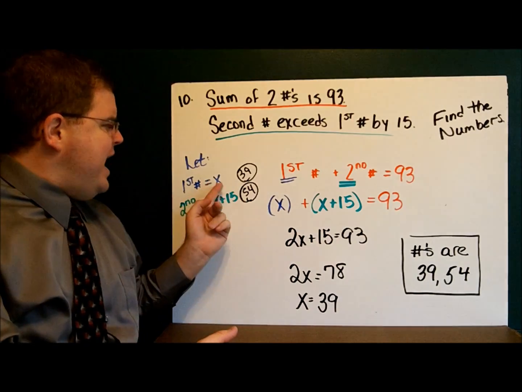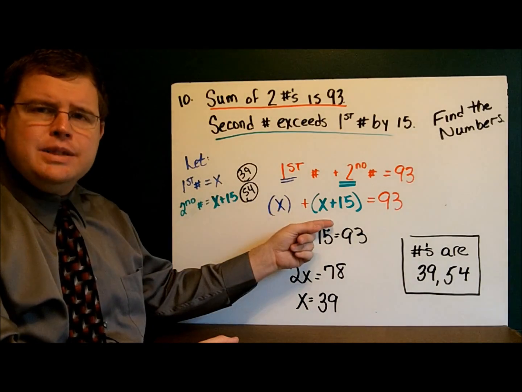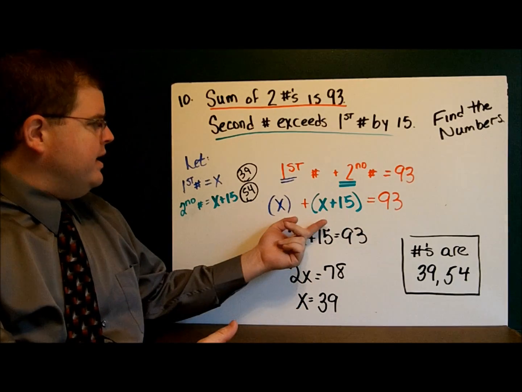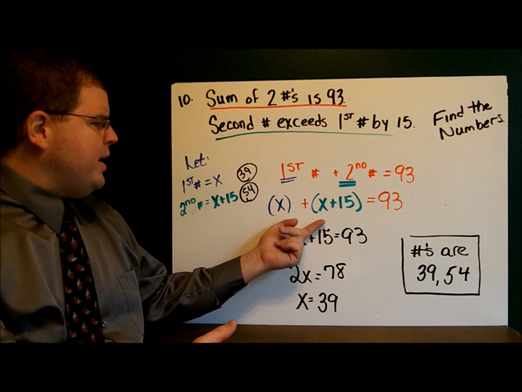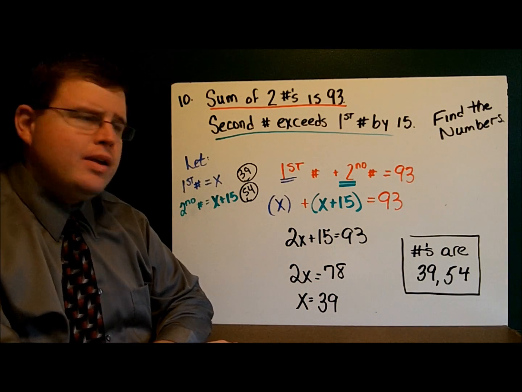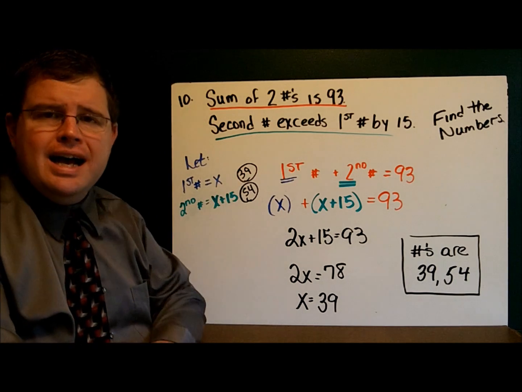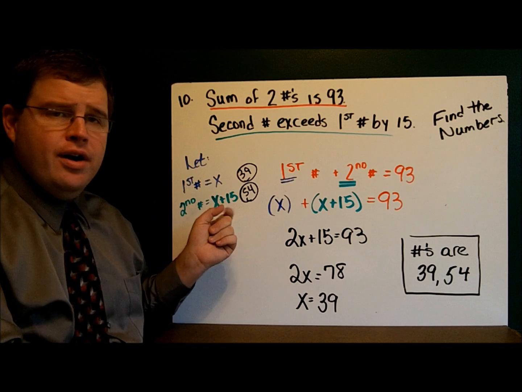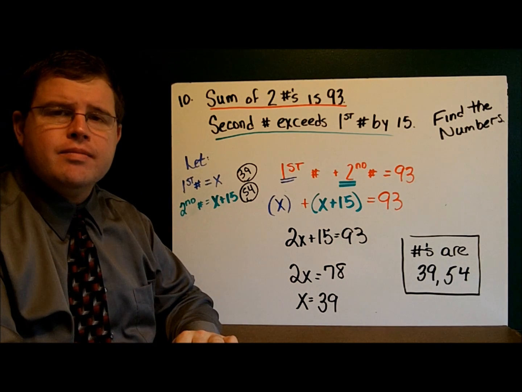And so we have 2x plus 15 equals 93. Now, I'll simply solve this equation. I end up with x equals 39. That means my first number is 39, and my second number, which is 15 more, is 54.